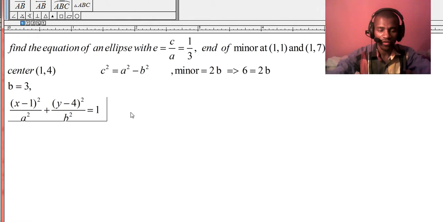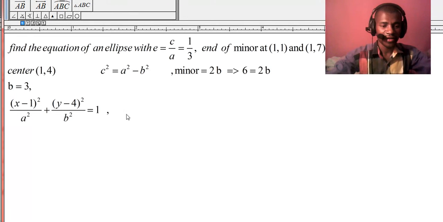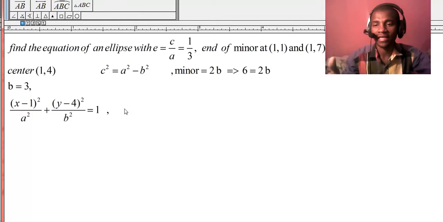Okay, but also we know that c over a is equal to 1 over 3, and c squared is equal to a squared minus b squared. So if we present those two equations together, we kind of get something like a simultaneous equation.